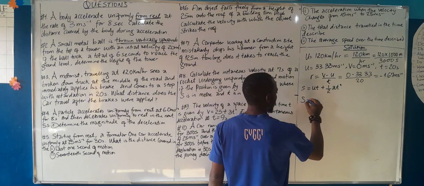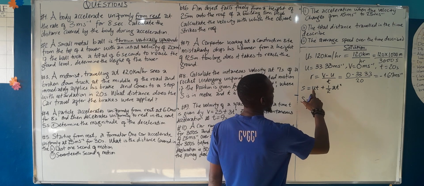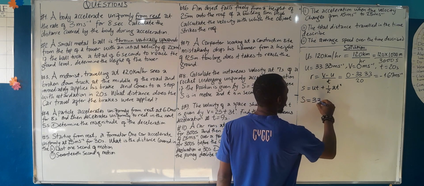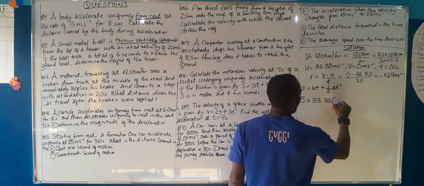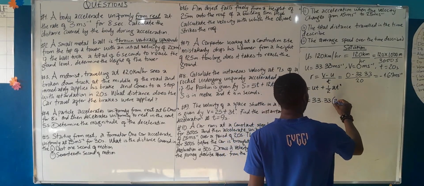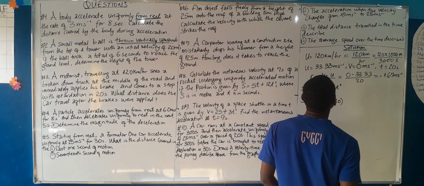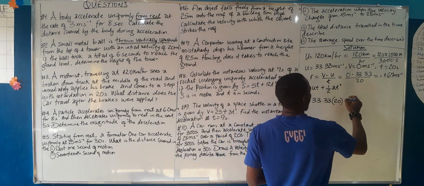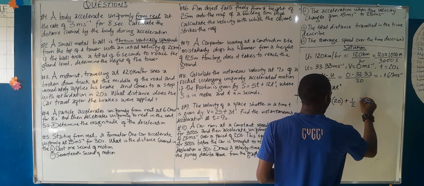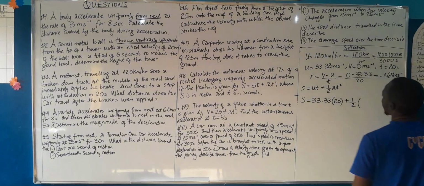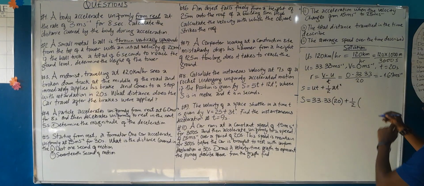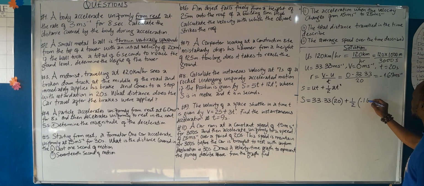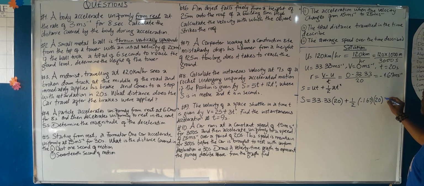So S equals U, which is 33.33, the time is 20 seconds, plus 1 over 2. Now the acceleration is actually retardation, which is minus 1.67, and then the time is still 20.